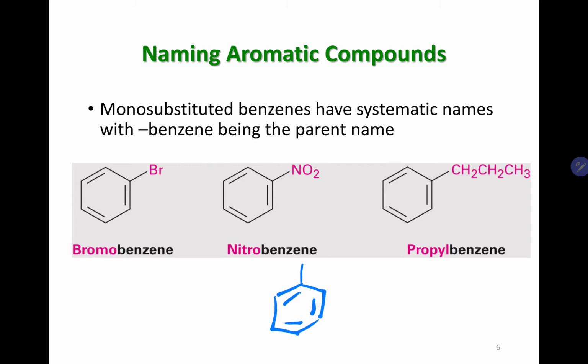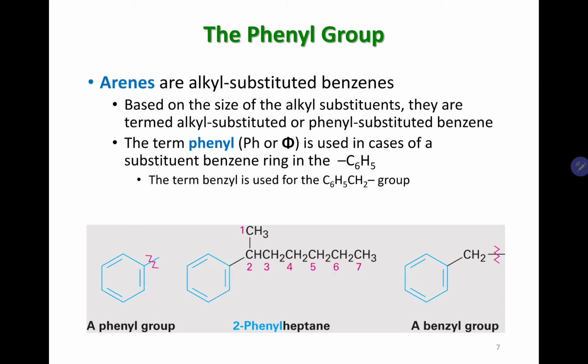All right, so let's talk about the phenyl group. Up until now, all those names that we discussed, the systematic or non-systematic names for benzenes, those compounds primarily had the benzene as your primary compound. But sometimes you could have alkane branches attached to benzenes.